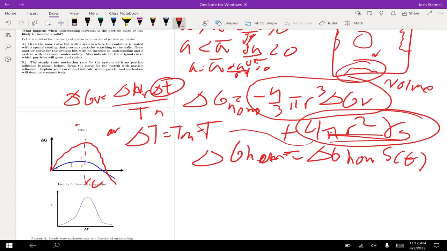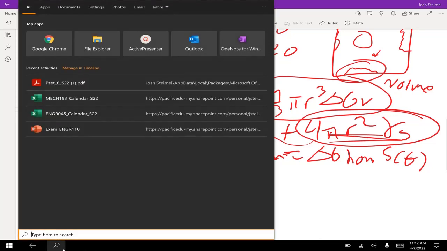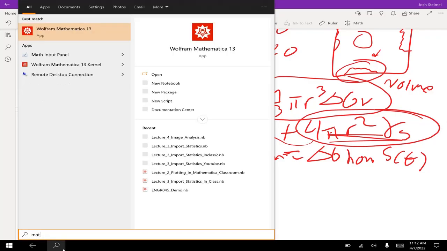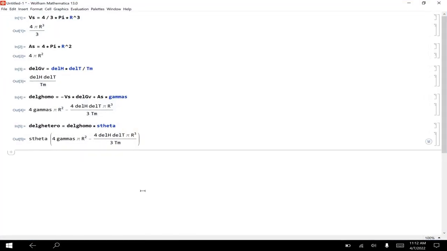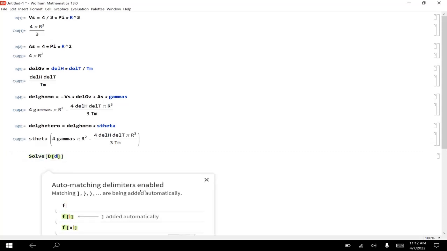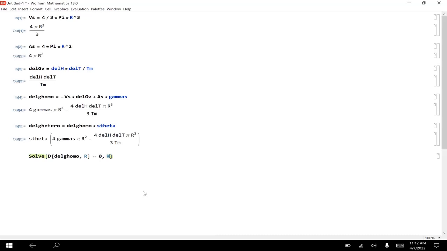Draw another curve for the system, but an increase in undercooling. So if I increase my undercooling, let's go back to the system here, and actually it'll be very convenient for us right now. So if I want to find that maximum, I'm going to solve derivative of del G homogeneous with respect to R, excuse me, and set equal to 0 and solve for R. So here we can see that critical radii.